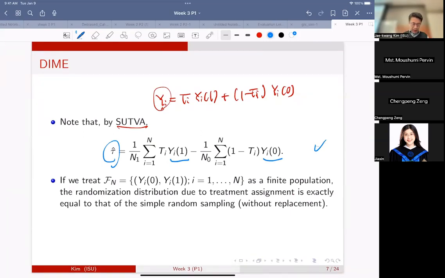And now conceptually we can consider a finite realized population, so they are fixed population quantities, and then the randomization is essentially a sampling over this, right? So the treatment assignment is exactly equal to that of simple sampling without replacement.